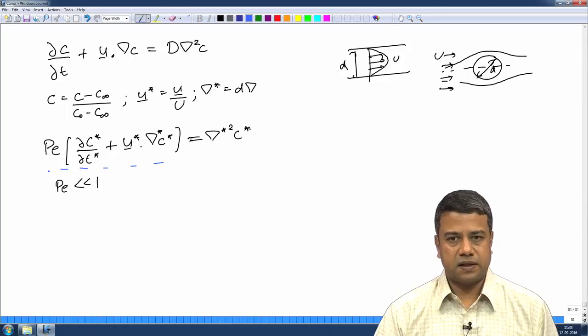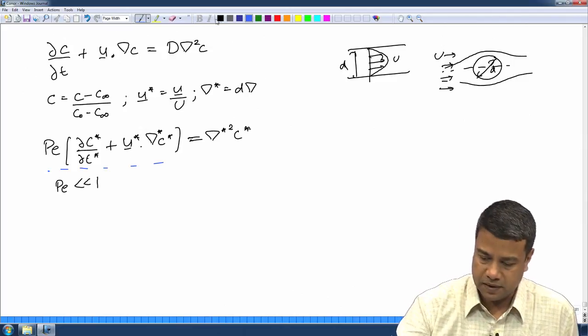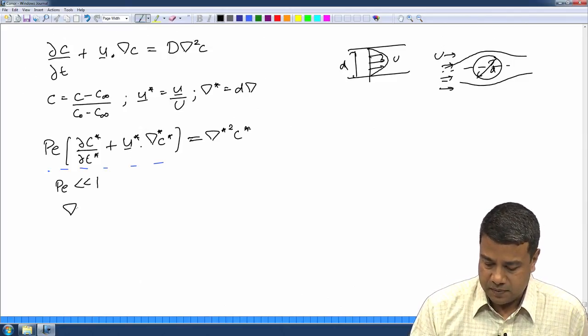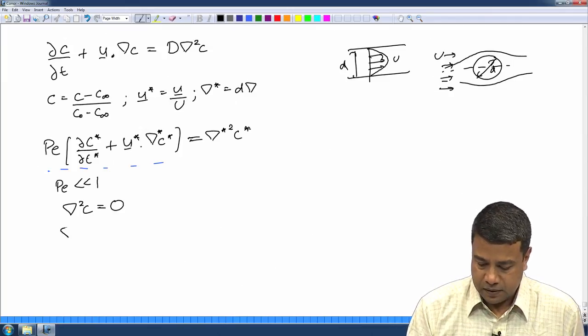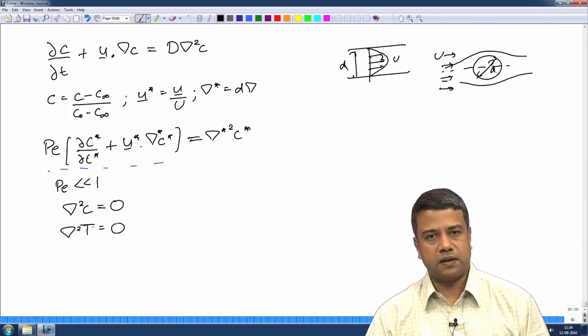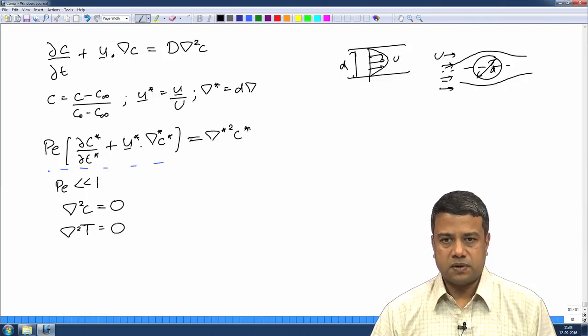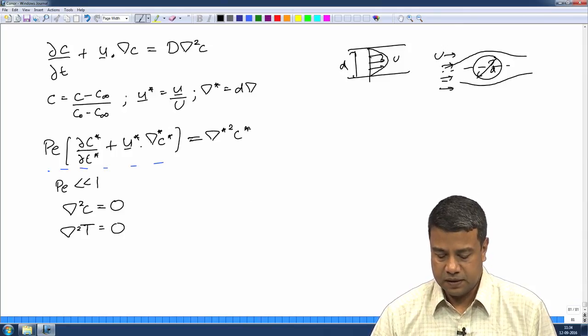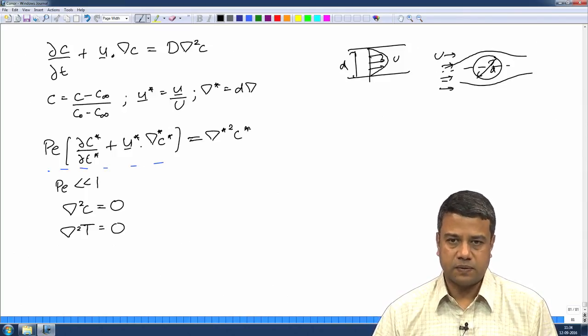Therefore, if I neglect convective effects and consider the transport to be diffusion dominated, the conservation equation becomes del square c equals 0 for the concentration field. Alternatively, del square T equals 0 for the temperature field. These are diffusion dominated transport problems. They reduce to solving a Laplacian operator equal to 0 subject to boundary conditions. So, we will look at how to solve equations of this kind for diffusion dominated transport.